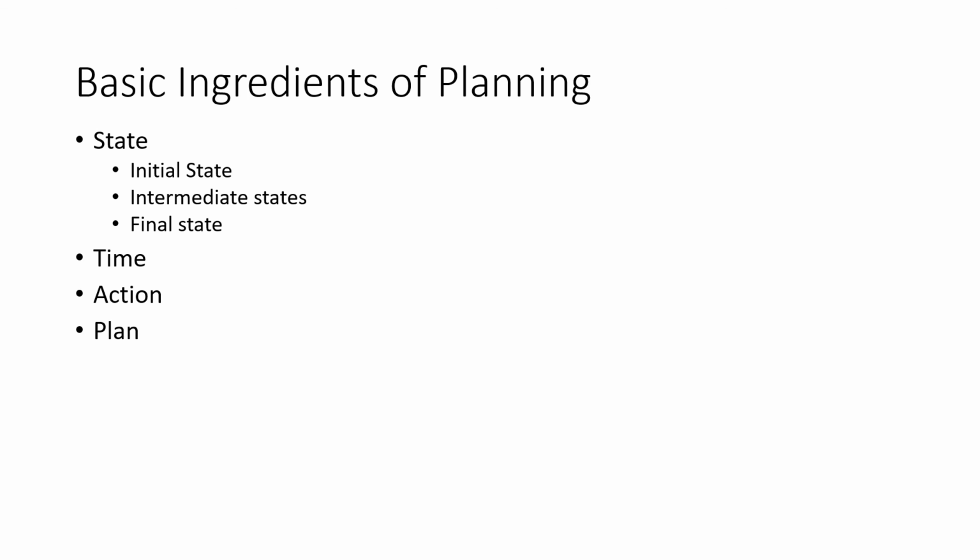Moving on. Now, in order to allow your end effector to start from the initial state and reach the final state, while performing all these actions, there must be some sort of plan to execute that activity.